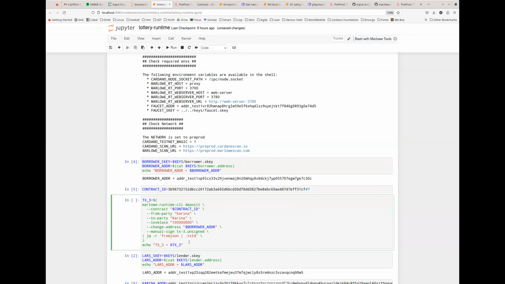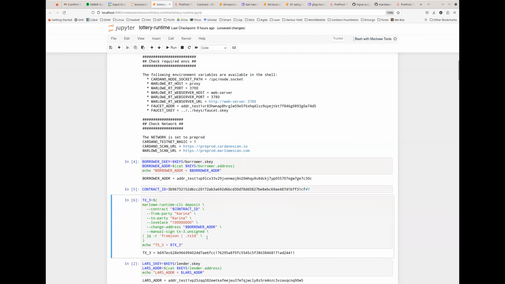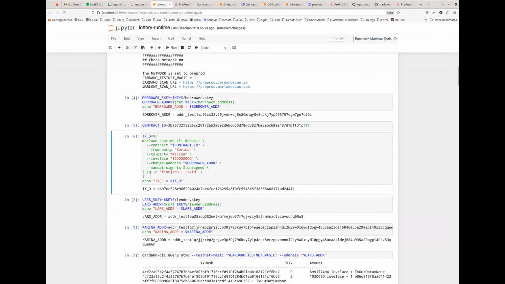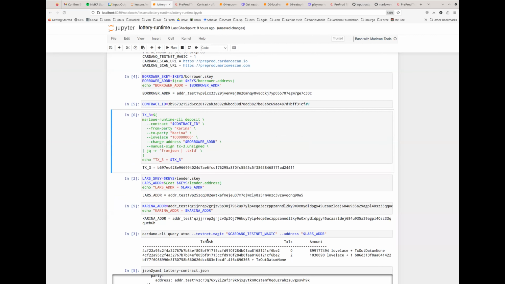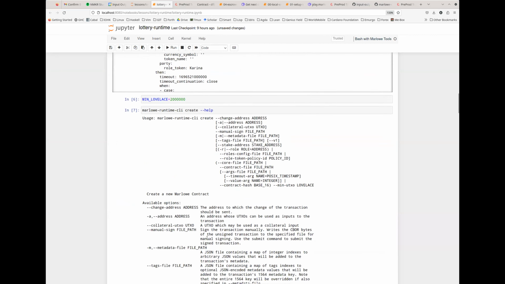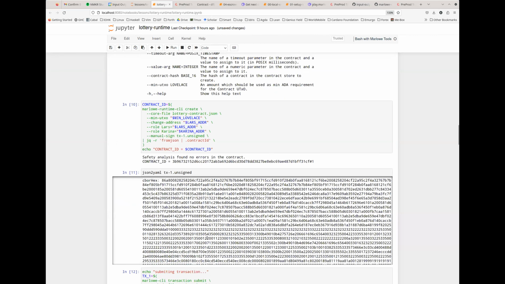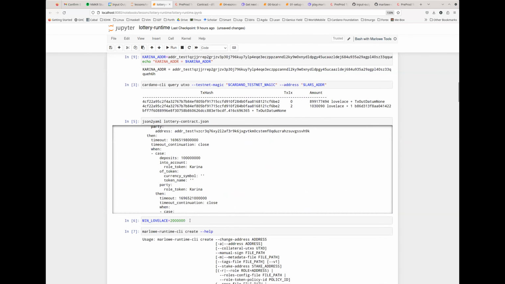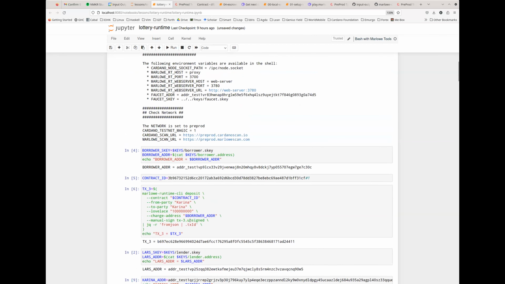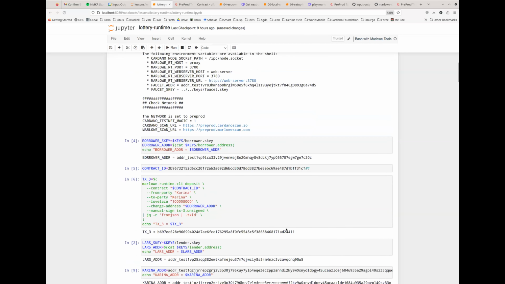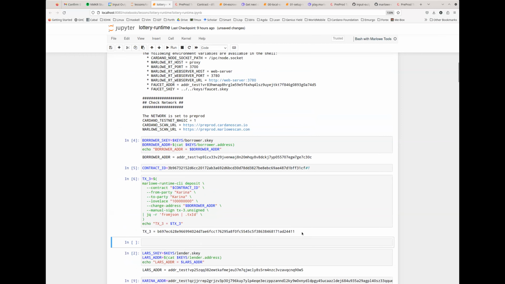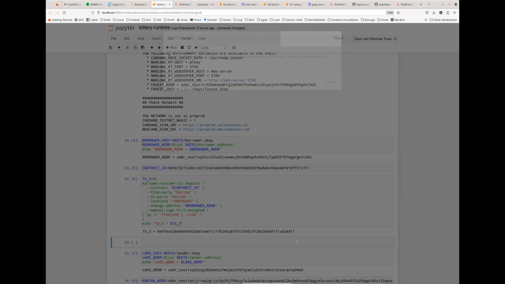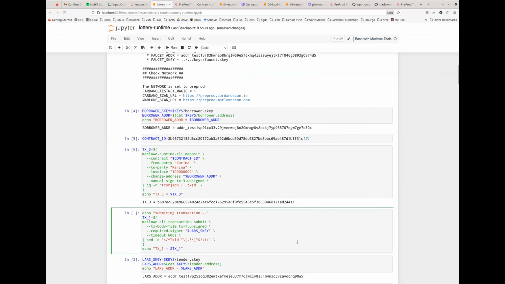Okay. So TX3. Let's see. Okay. Now I created the transaction. Now I must actually submit it. So let's grab this. Go back here. Paste that in there.